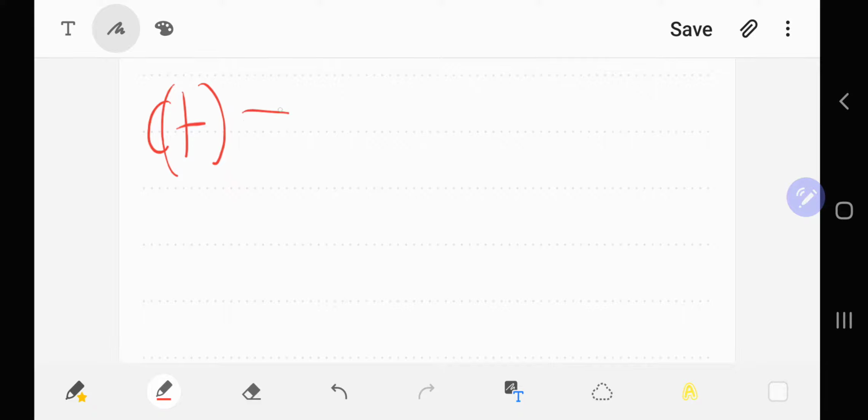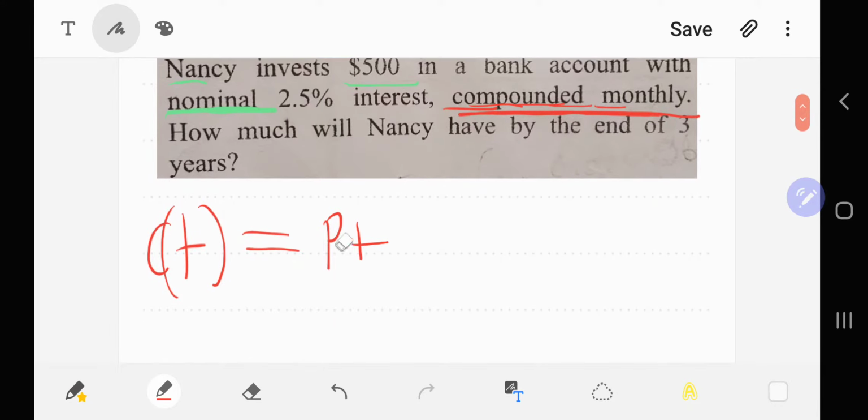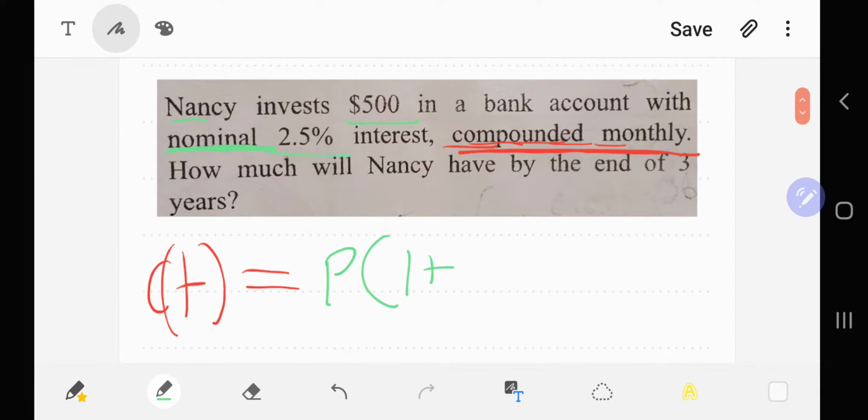C of t equals the initial value P times 1 plus, it would be 1 minus if it's decreasing, but usually when it's compounded monthly, it's increasing, so 1 plus your percentage in decimal form, taking the decimal and moving it over 2 places to the left, raised to the time.